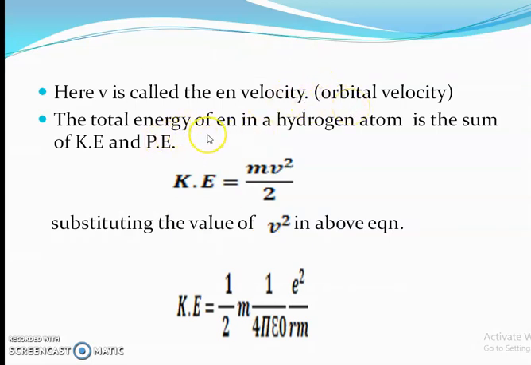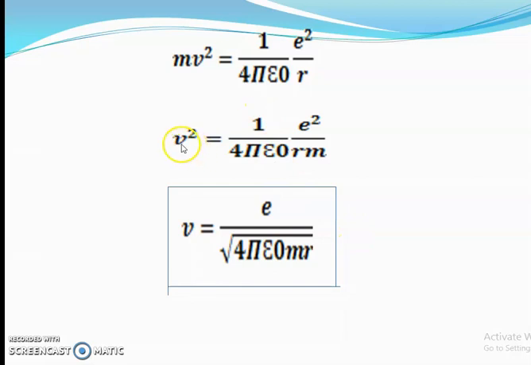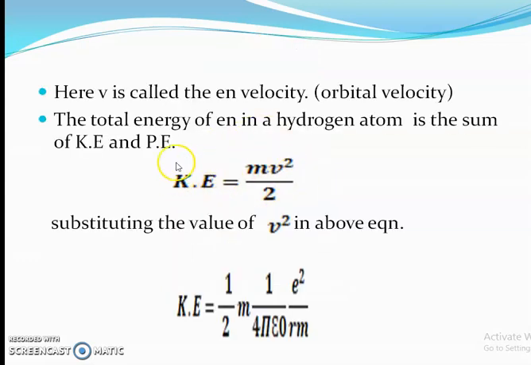The total energy of an electron in a hydrogen atom is the sum of its kinetic energy and potential energy. And what is kinetic energy? It is half mv^2. Now substituting the value of v^2 in the above equation. I already wrote the equation for v^2, and I am going to substitute it here.